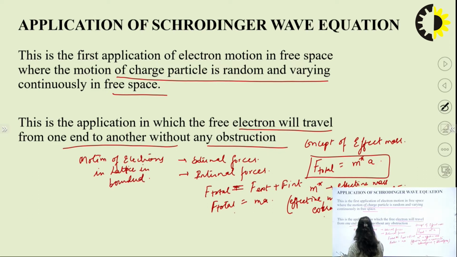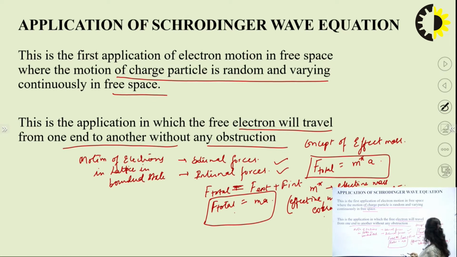When it is bounded, it has two types of forces, external and internal. The total force is F external plus F internal, and F total is mass into acceleration, and we can represent this mass as m star, which is called the effective mass. So this effective mass accounts for both the external and the internal forces.